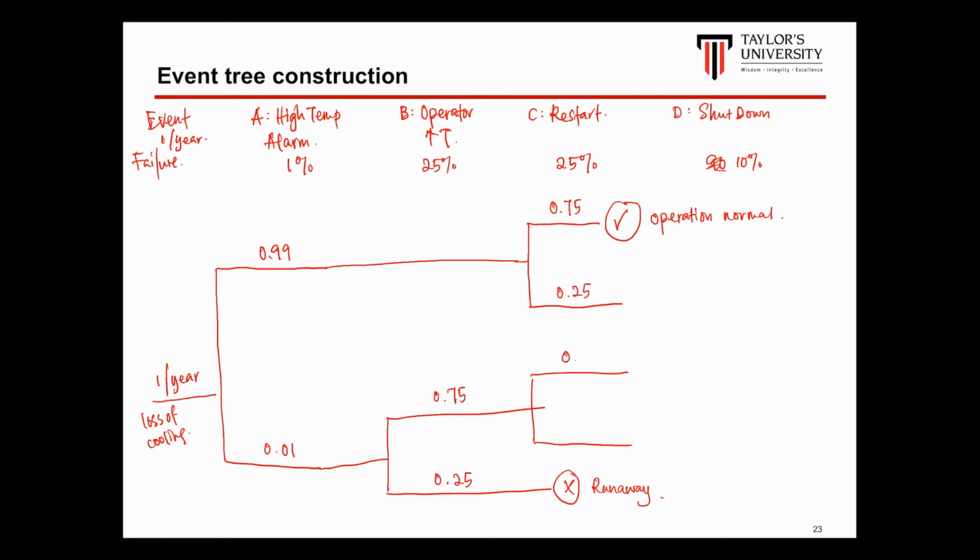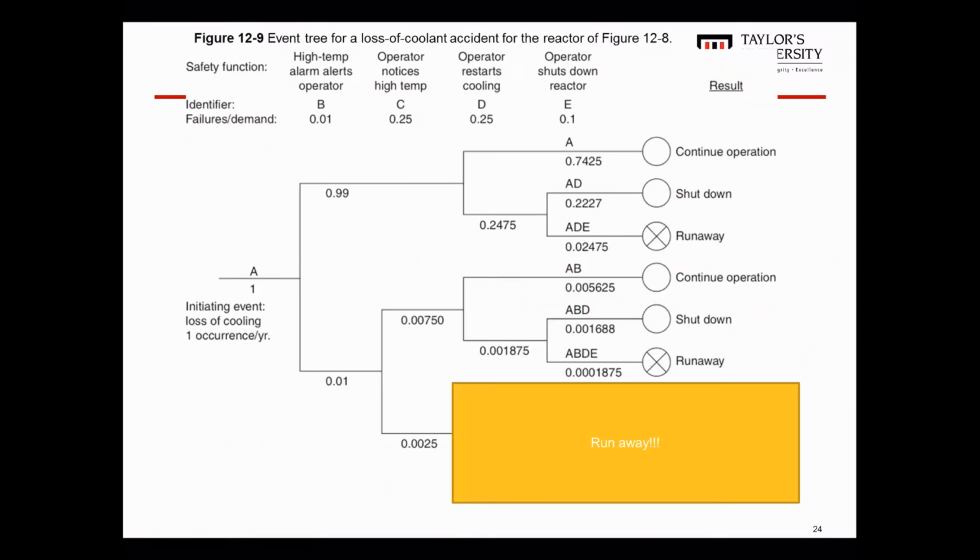So when it doesn't get to restart, what they do is shut down the system. 90% of the time it gets to shut down, so at least we have a shutdown. But 10% of the time it fails to shut down, and the next thing is emergency evacuations.